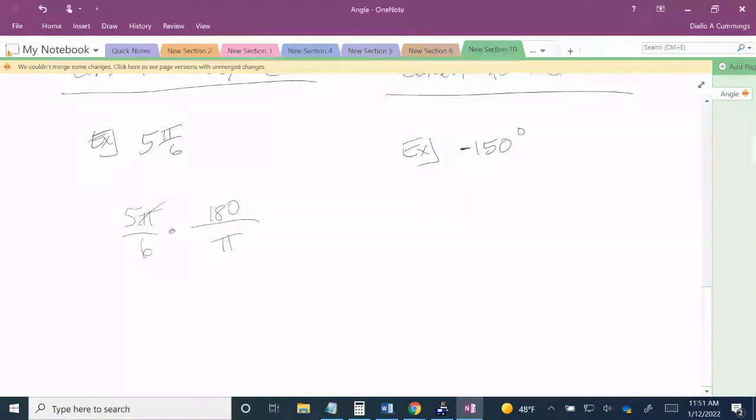So our pi's are going to cancel. We can reduce 6 and 180. We can divide both of those by 6. 6 divided by 6 is 1. 180 divided by 6 is 30. So if we multiply across, we have 150 degrees.